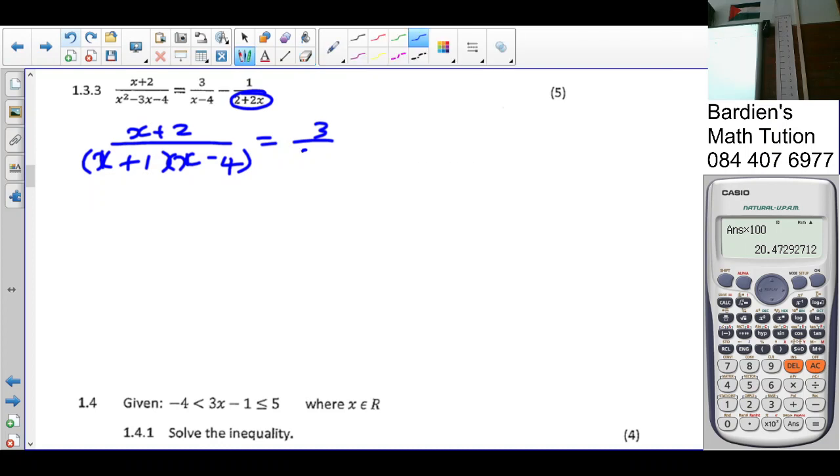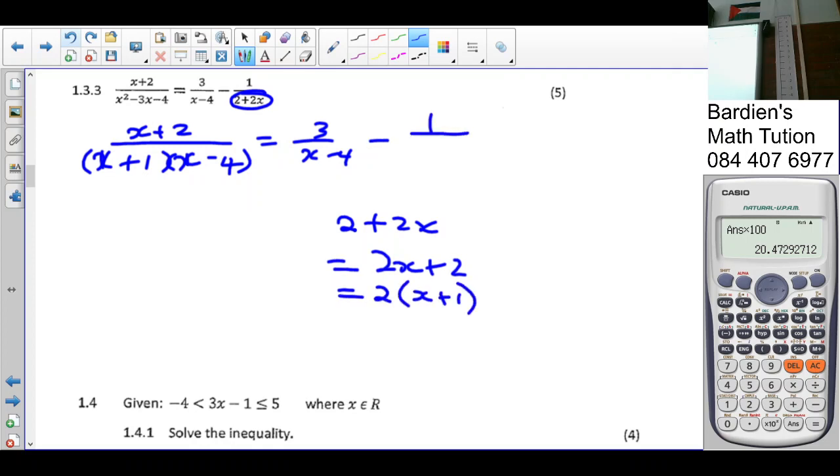That's simply going to be x minus 4. If I look at 2 plus 2x, that can be written as 2x plus 2. Not so? What is common? 2. So I'm left with x plus 1. Any confusion at this point?